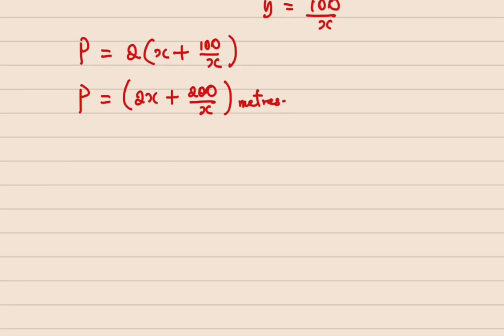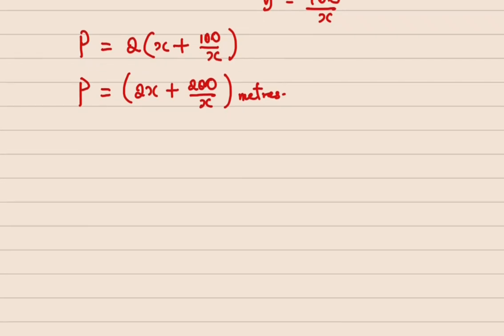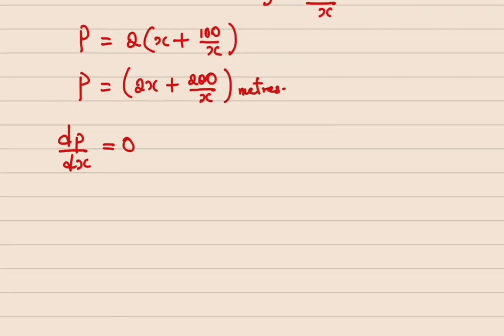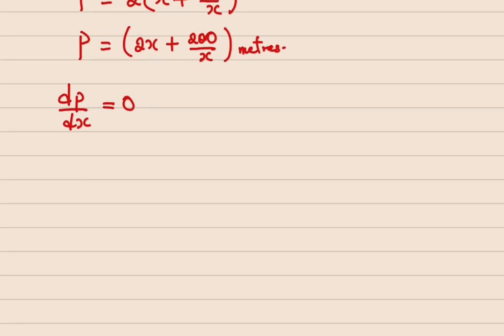To find the minimum value of P is to find the minimum point, so we are going to apply the knowledge of turning point. The condition for that is dP by dx must be equal to 0. So we are going to differentiate the perimeter with respect to x.